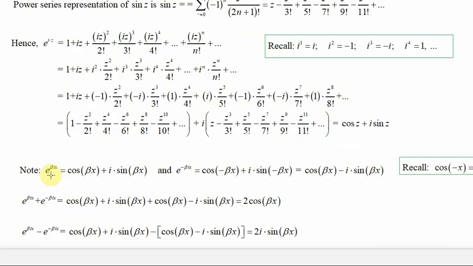And so we have e to the beta ix, then we'll get cosine of beta x plus i times sine of beta x.